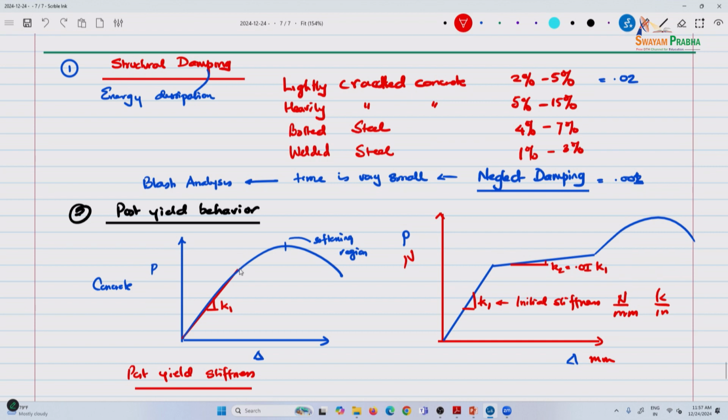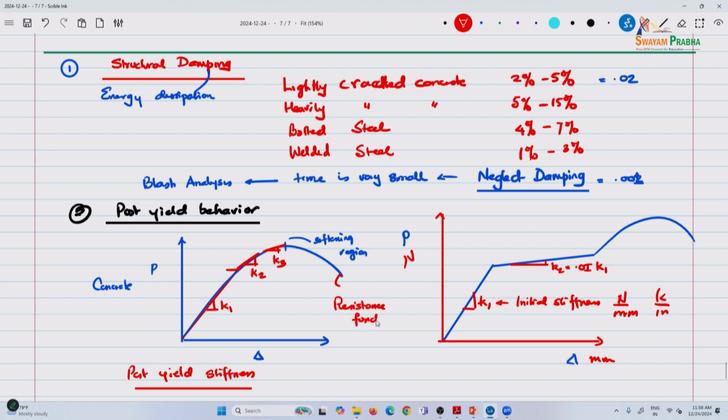Whereas for concrete, you can perhaps think of it as 3 different stiffnesses leading up to the peak. So we are linearizing the curve. This would be what is known as a resistance function.